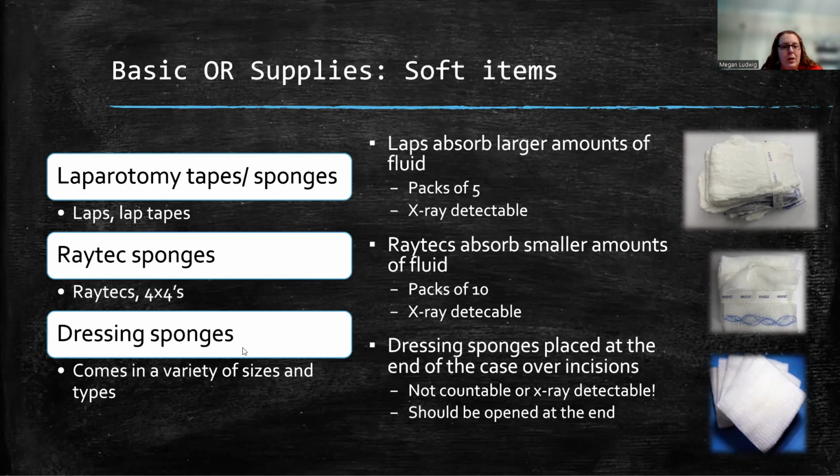Then you have dressing sponges, like I mentioned up here. Sometimes they are called 4x4s, but there are so many types of dressings and dressing sponges. They do not have an X-ray detectable blue strip like this one does.